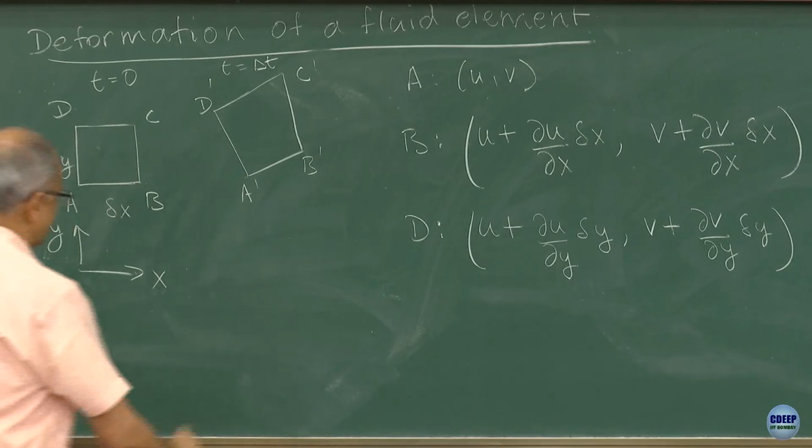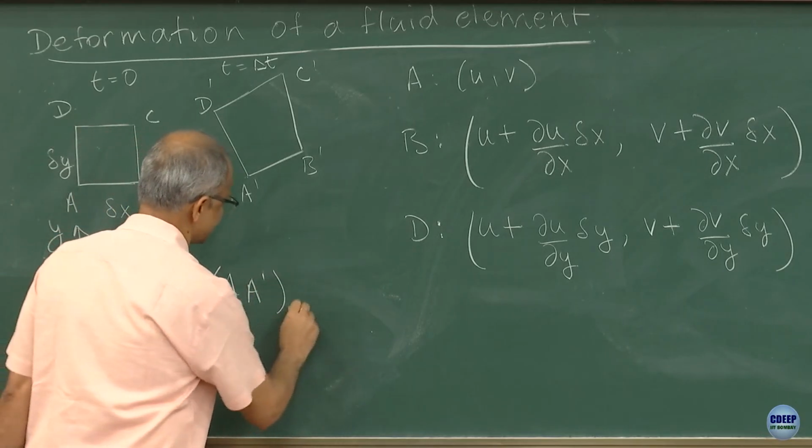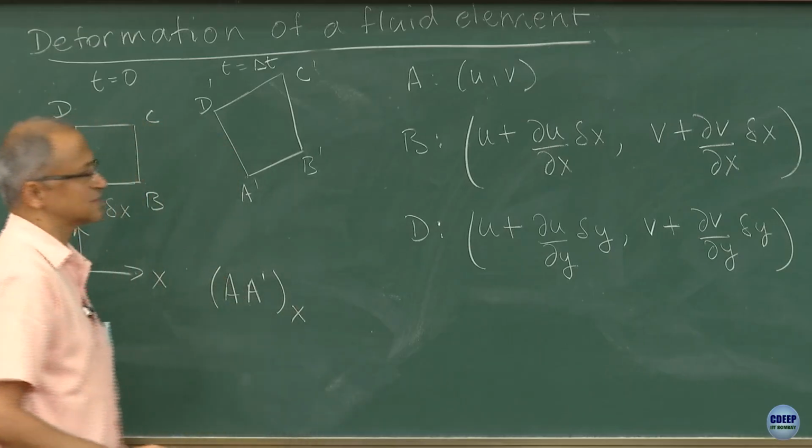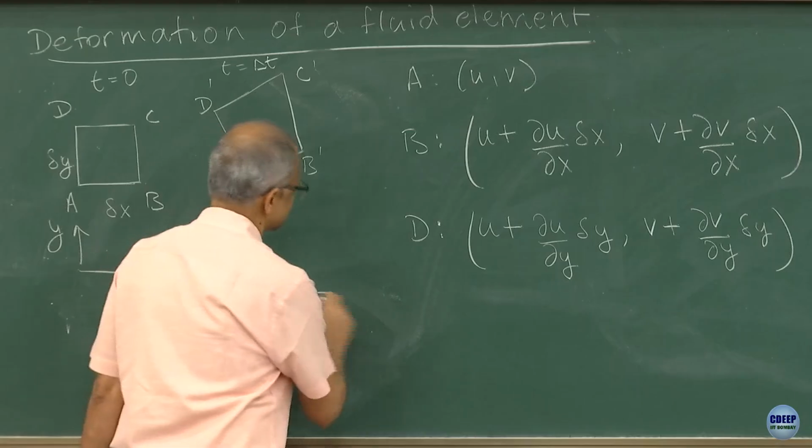So what is my A prime displacement, and displacement is along x and y. So I will just say first what is the displacement along the x direction. So what is this?